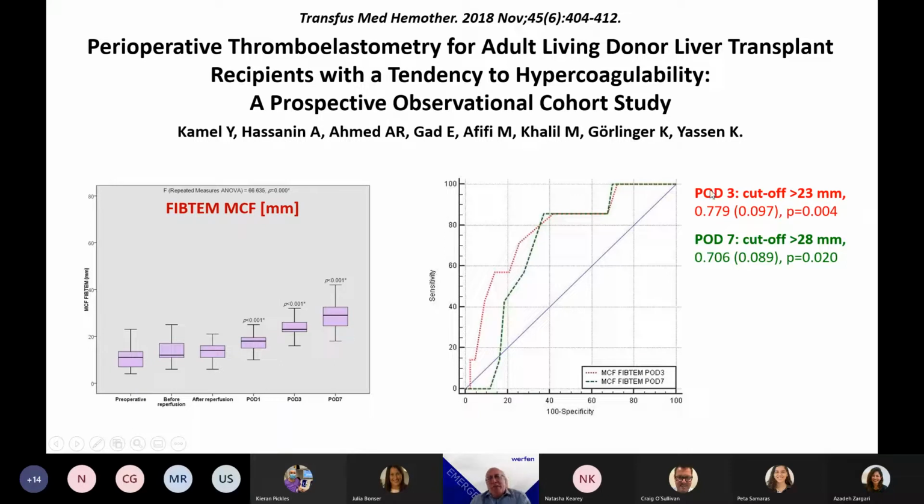And if the FibTem at day 3 was higher than 23 millimeters, or at day 7 higher than 28 millimeters, there was a very high incidence of thromboembolic events. So that means, again, the FibTem here can help us not only predict bleeding, but also to identify patients with high risk of thrombosis, and we definitely need an anticoagulation therapy even after liver transplantation.